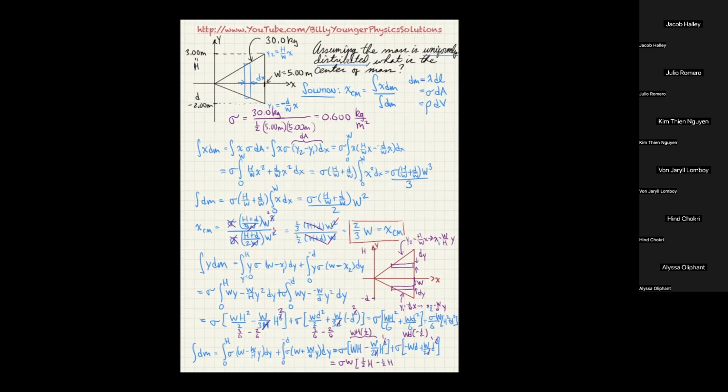Sorry about that. So this is going to become, and I don't know why I'm writing in purple, but anyways, here we are. This would be sigma w over 2 times parentheses h minus d. And this is just god awful, way worse than I thought.